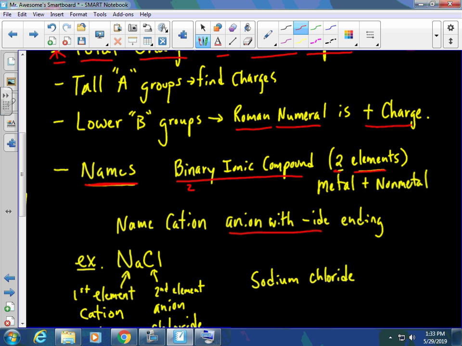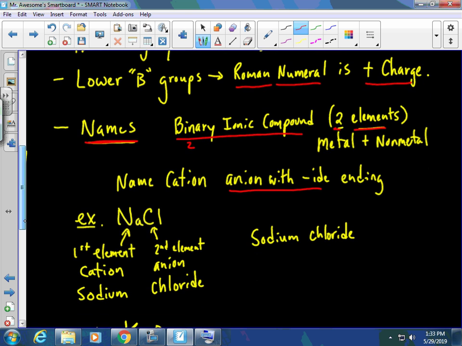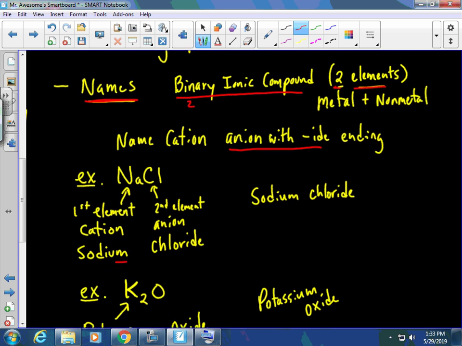So here's an example. Right down here, I have NaCl. When we name this, all you do is name the first element, the metal, normally. So Na on the periodic table is called sodium. So all we've got to do is name it sodium. First element is always the cation. The second element is going to be an anion, the negative part. So we're going to take the stem of the element's name, which is chlorine, and put an -ide on the ending. Chlorine becomes chloride.